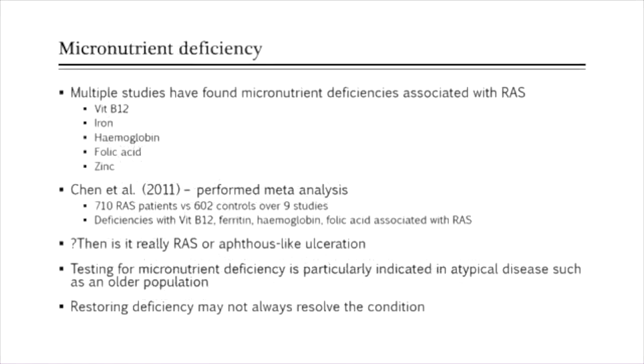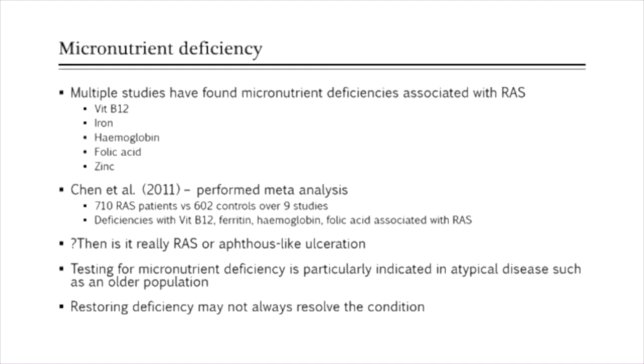There's also a thought that maybe it's all set off by micronutrient deficiency, and there have been some favorites. B12's probably been the one that's had the most kick behind it, but it's gone through different phases. There's not really a very strong correlation with this. So I've commented here, well, if you identify a hematinic deficiency, is it really RAS anymore?